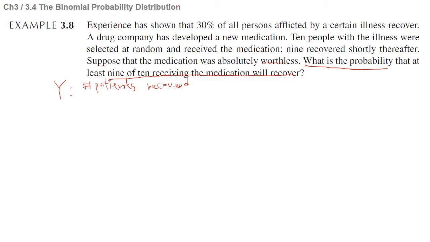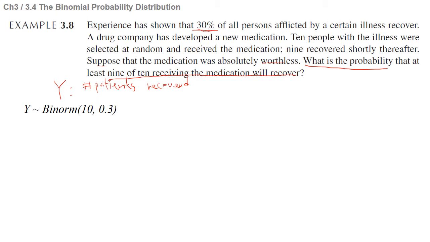So y would follow a binomial distribution, because each trial could be a Bernoulli trial with probability p, which is 30%, because we suppose that the medication was absolutely worthless. So if the medication is worthless, the probability of recovery follows the experience, which is 30%. So y follows a binomial distribution with n equals 10 and p equals 0.3.